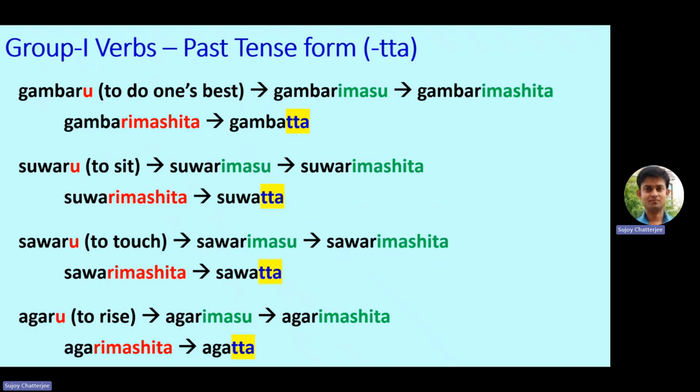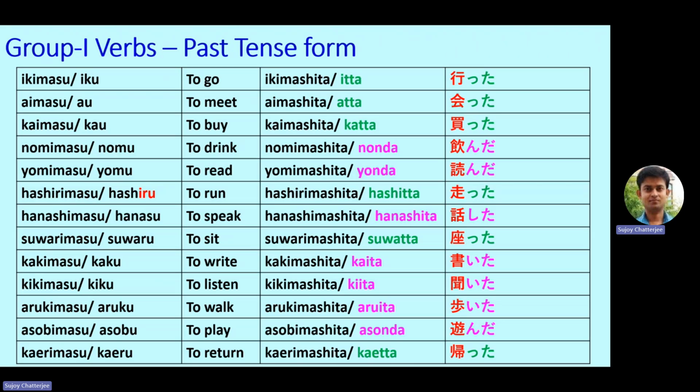But this is not that simple because there are several exceptions, as you can see on this screen. We studied this in the last lesson, so let's have a quick recap. Iku, ikimasu, ikimashita, itta. Au, aimasu, aimashita, atta. Kau, kaimasu, kaimashita, katta.